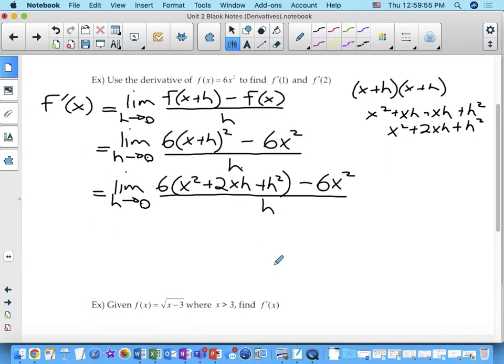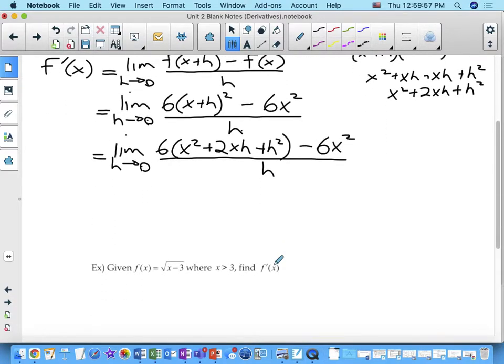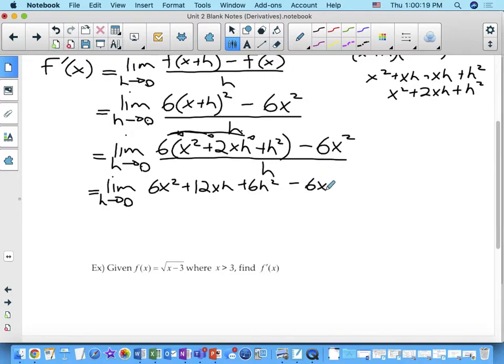Okay, and now we have a bit of cleaning up to do in the numerator. So we'll just distribute. So we're going to get 6x squared plus 12xh plus 6h squared, and then minus 6x squared over h.